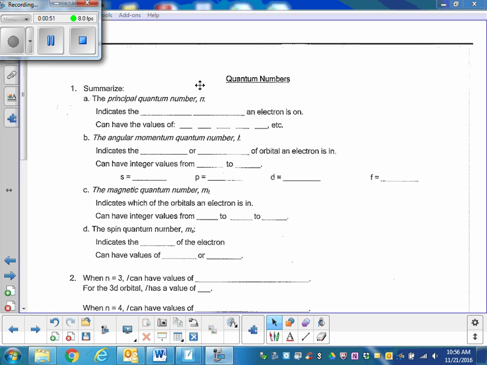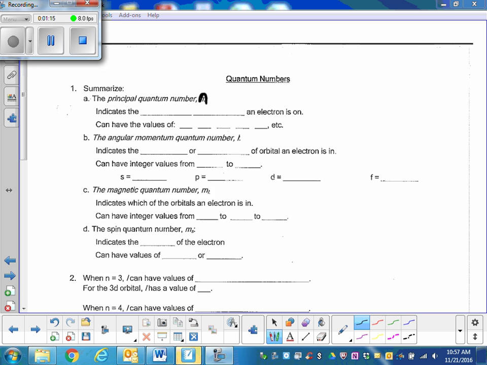All right? So when they solved, they said every electron will have 4 quantum numbers. What will every electron have? 4 quantum numbers. The first one is called the principal quantum number n.